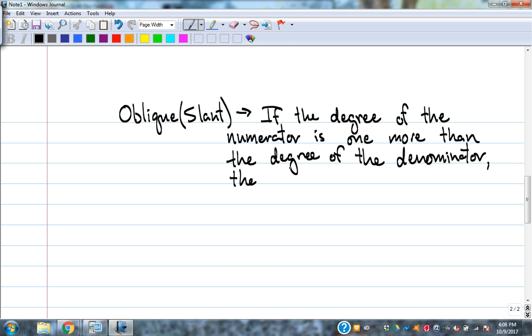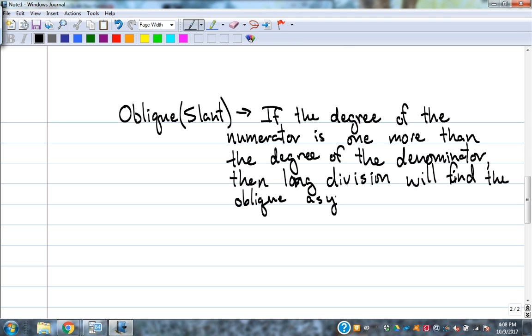In long division, we'll do some of that. We'll find the oblique asymptote. It'll be in the form y equals mx plus b. It'll be a line in slope-intercept form is what it'll look like.